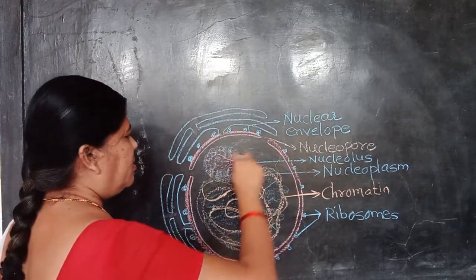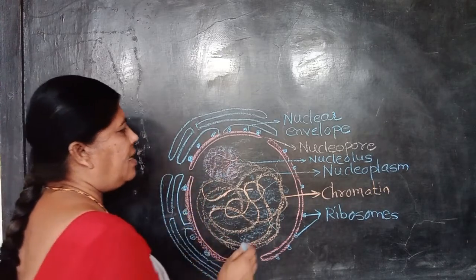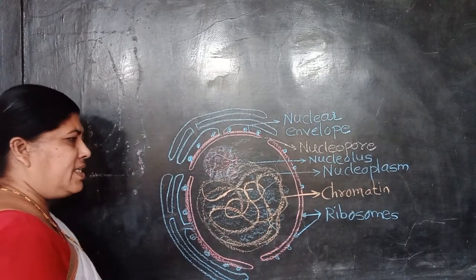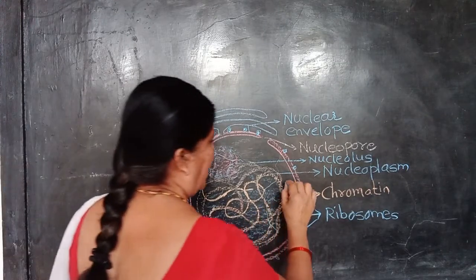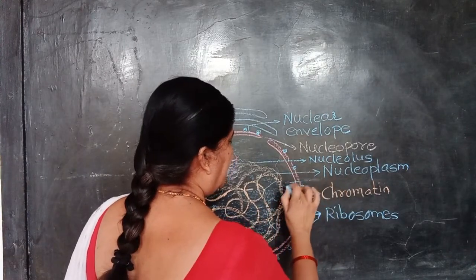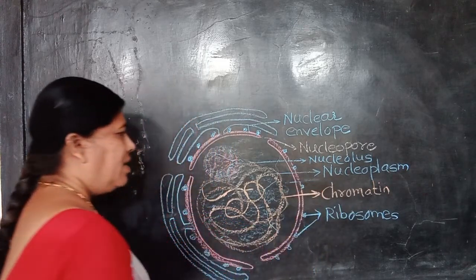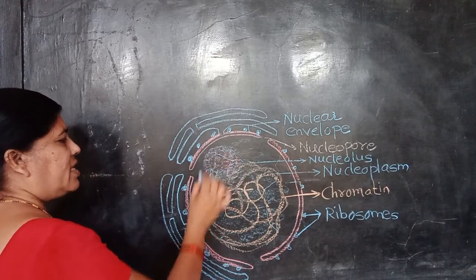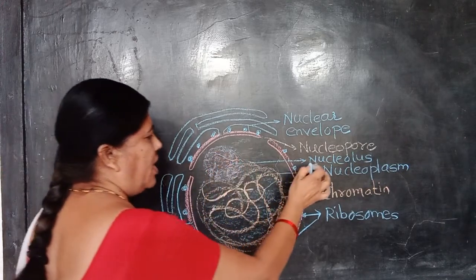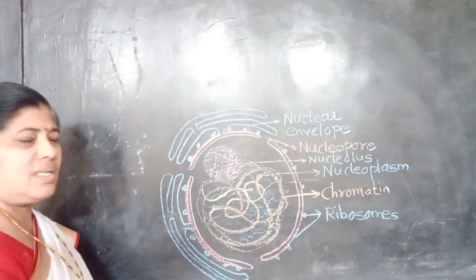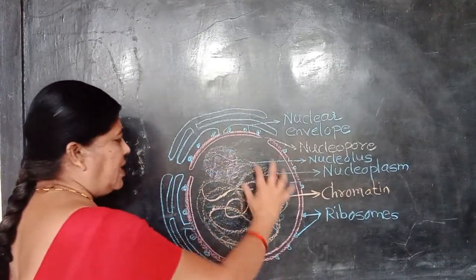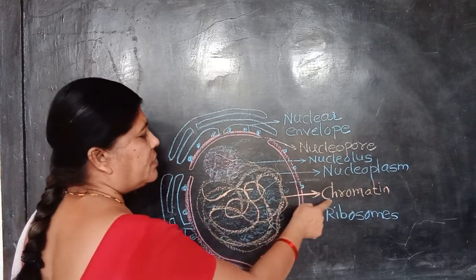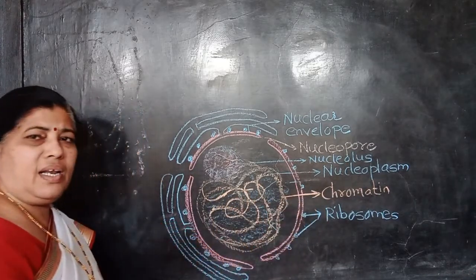Nucleus is filled with material, and that material is called nucleoplasm. Here is the label, nucleoplasm. Nucleoplasm contains one dark body, called nucleolus, and thread-like material, called chromatin material.